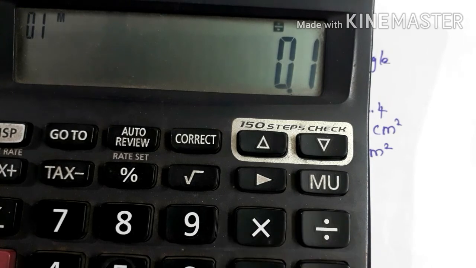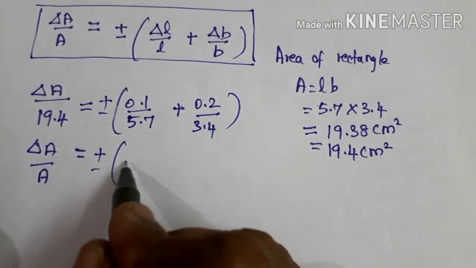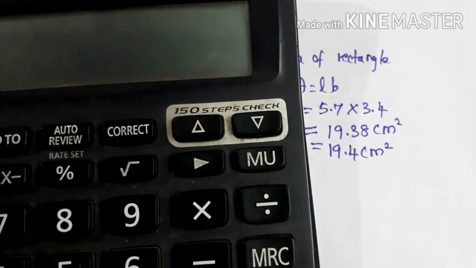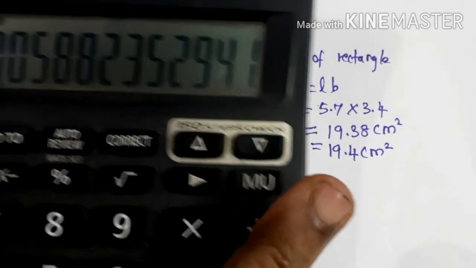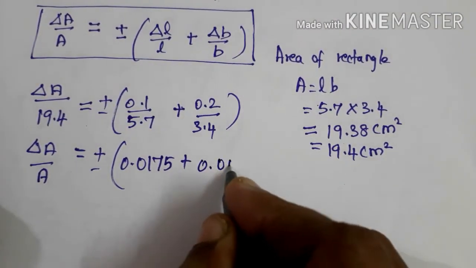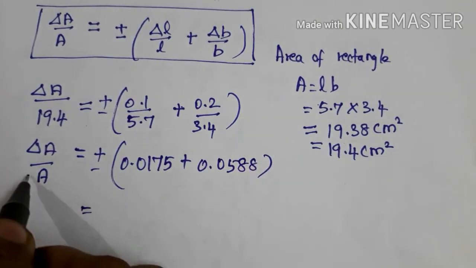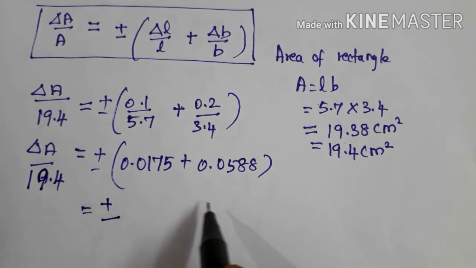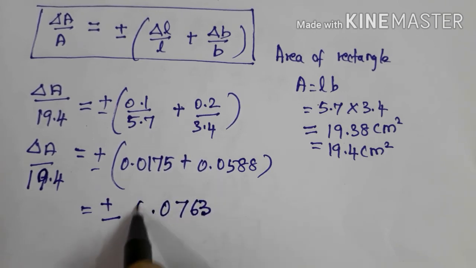0.1 divided by 5.7 is how much? 0.0175. Plus 0.2 divided by 3.4. 0.2 divided by 3.4 is how much? 0.0588. Getting this. Okay, this is 19.4. If you add these two, what will you get? 0.0763.